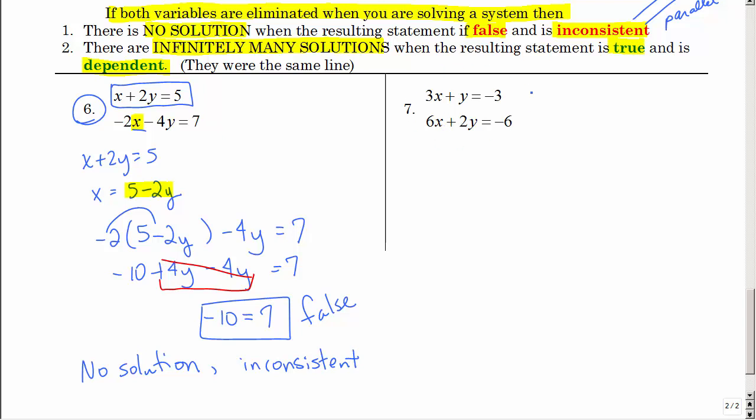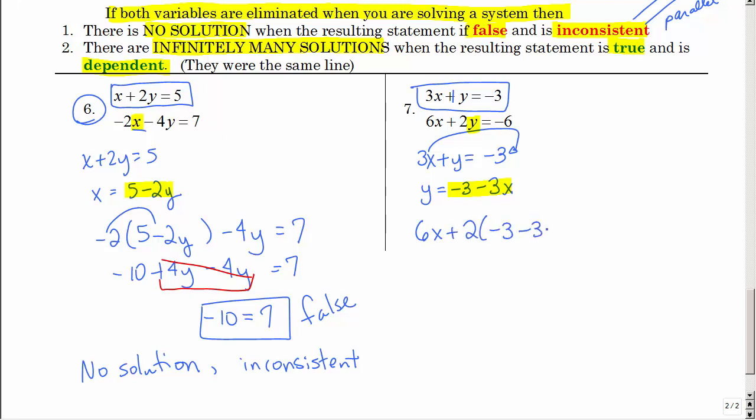Let's look at number 7. Step 1, look at the equations. Any variable has a 1 or a negative 1? Yes, it does. This time I'm going to solve for y, because to me that would be the easiest. So taking this 3x to the other side. Now I'm substituting this in for y into the other equation. So 2 times what is y? Working that out.